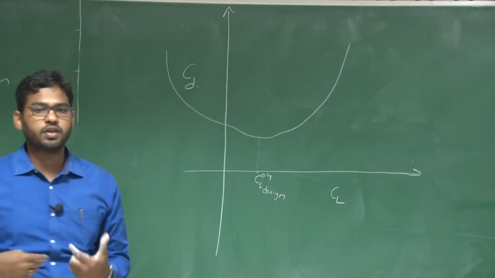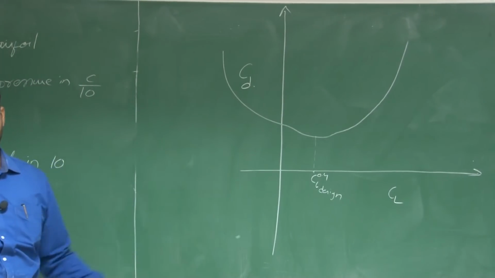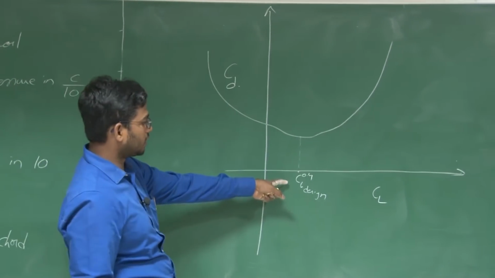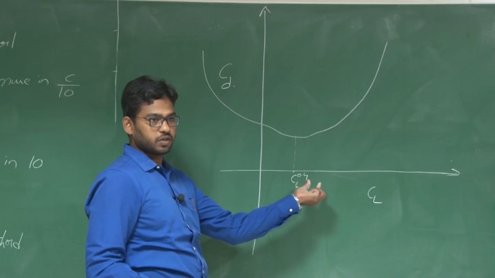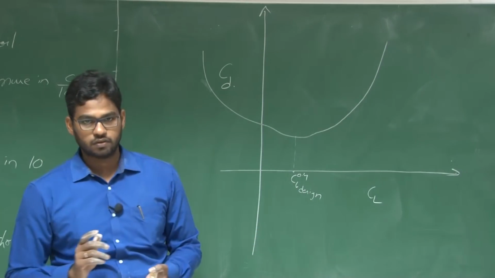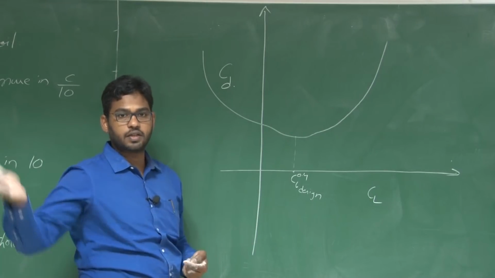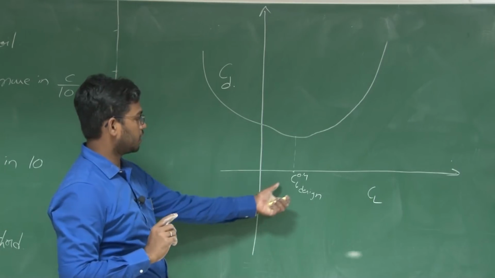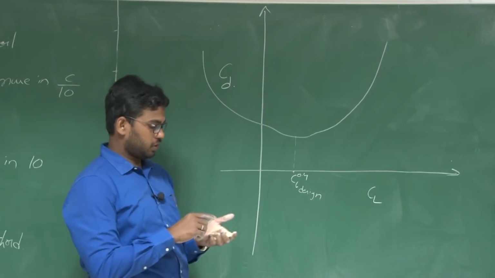This is the CL at which I need to fly. We'll talk about this design CL in the coming lectures, but assume this is the CL at which I need to fly. If I fly at a particular velocity with this CL, I'll be able to generate enough lift to sustain the weight at that particular altitude. So that's the understanding of this design CL for the time being.